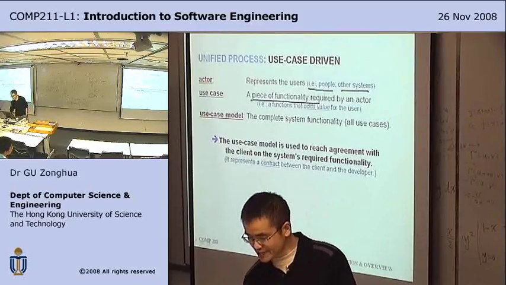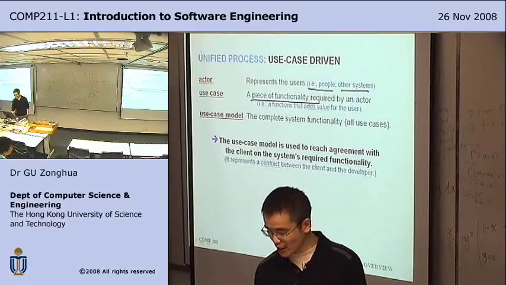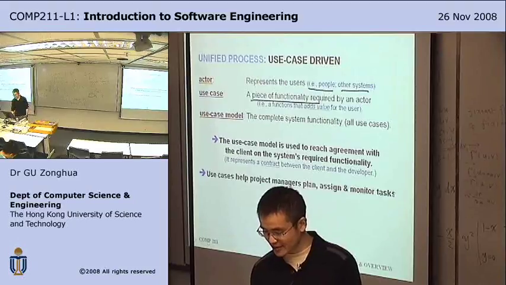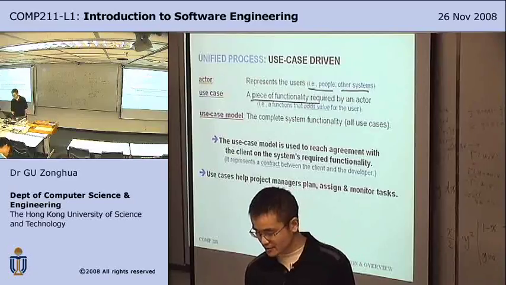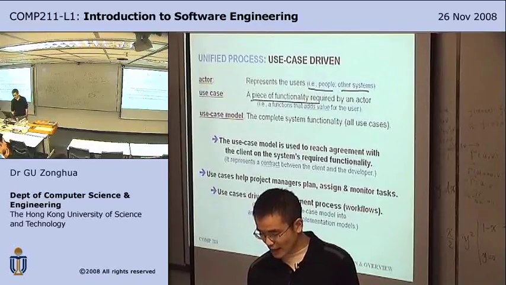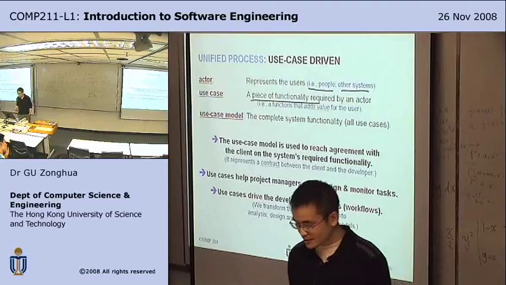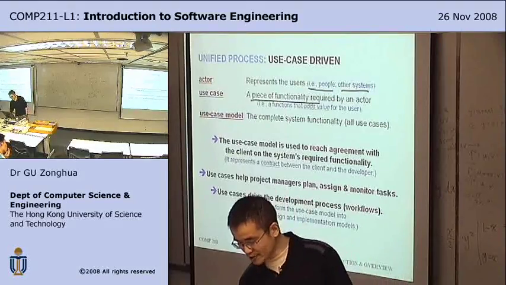Used to reach agreement with the client on the system's required functionality as a contract. Helps project managers plan, assign, monitor tasks. So drive the development process. You transform the use case model into analysis, design, and implementation models.